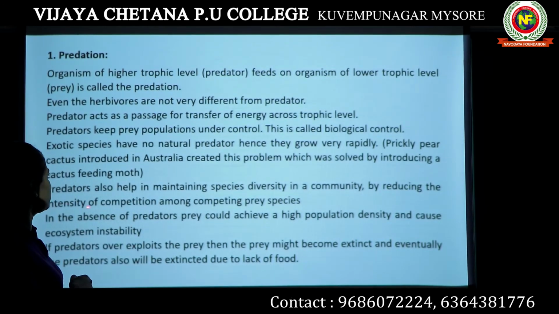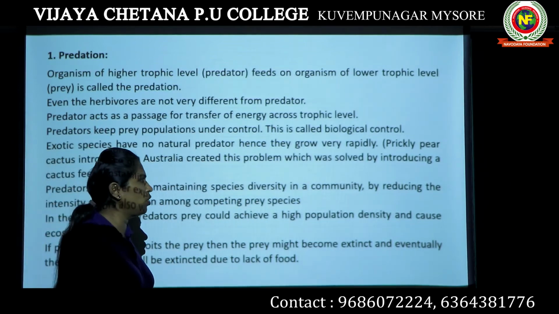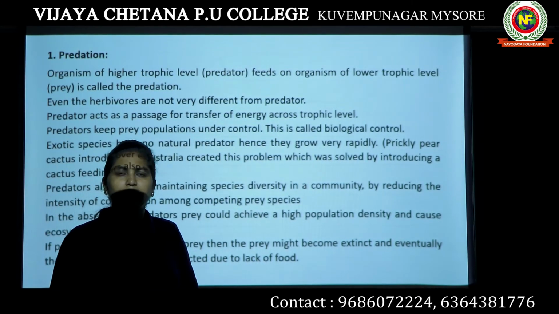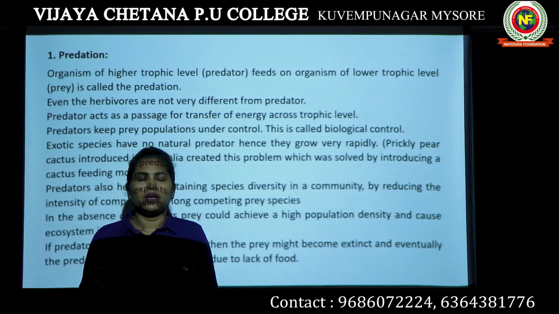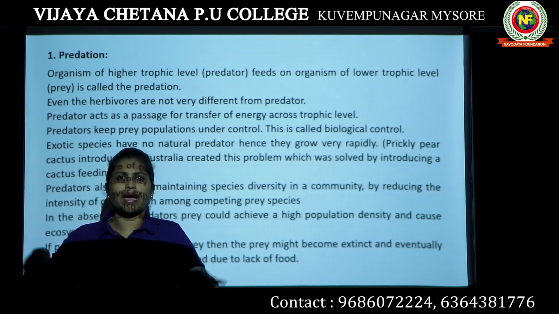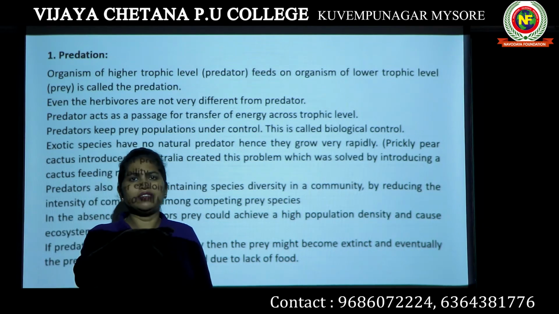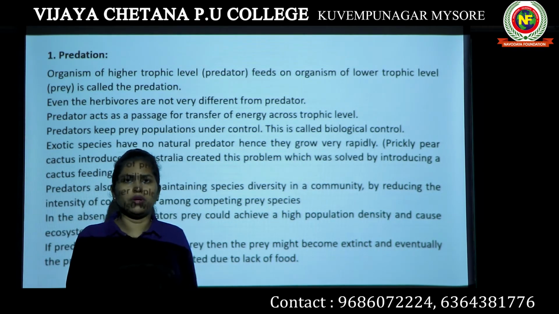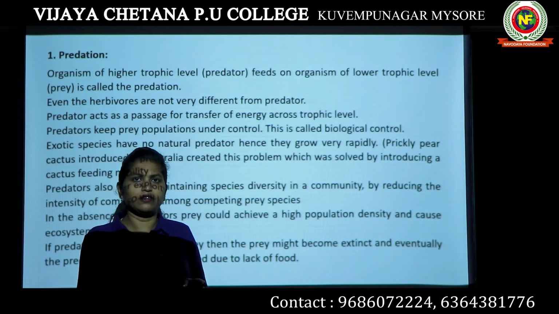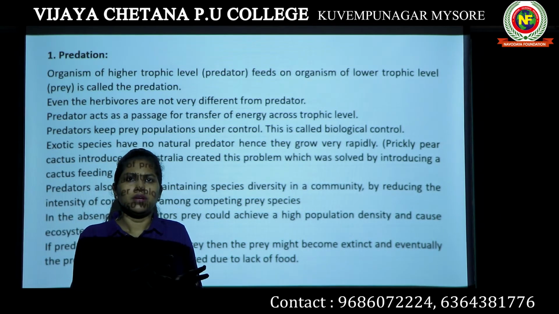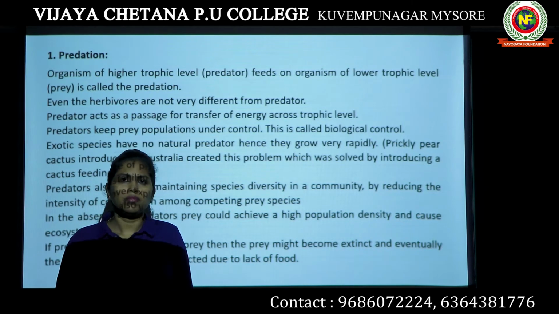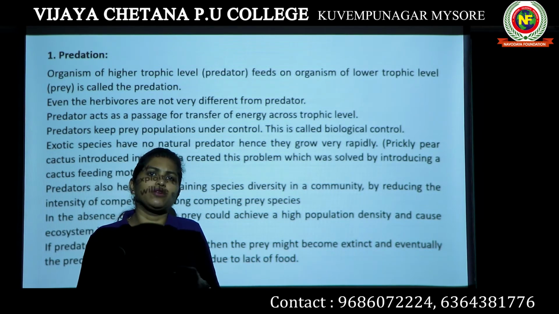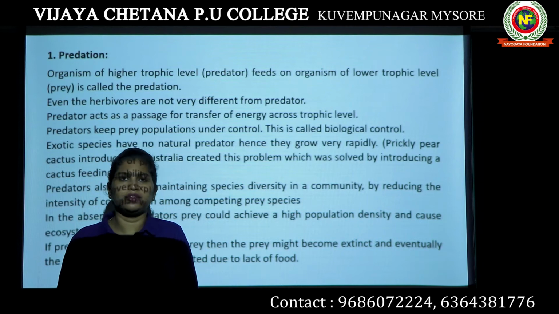They reduce the intensity of competition among competing prey species. Now imagine there are almost 100 deer in a particular locality, and there are only certain plants for these deer to feed on. Then there will be competition within the community itself.